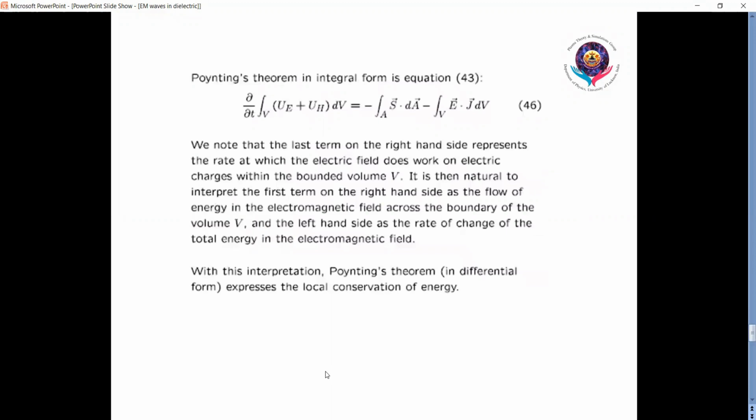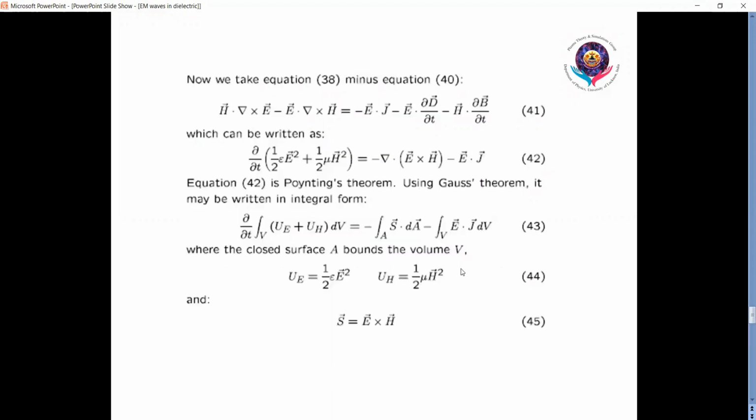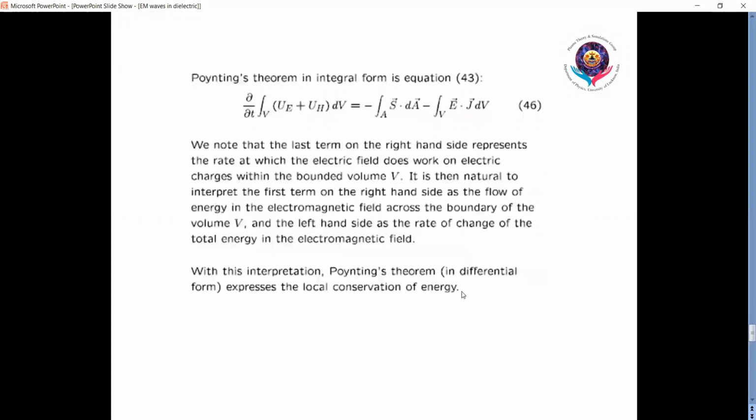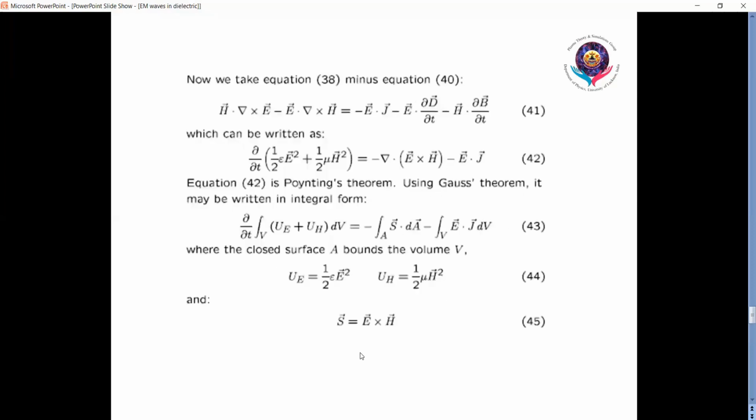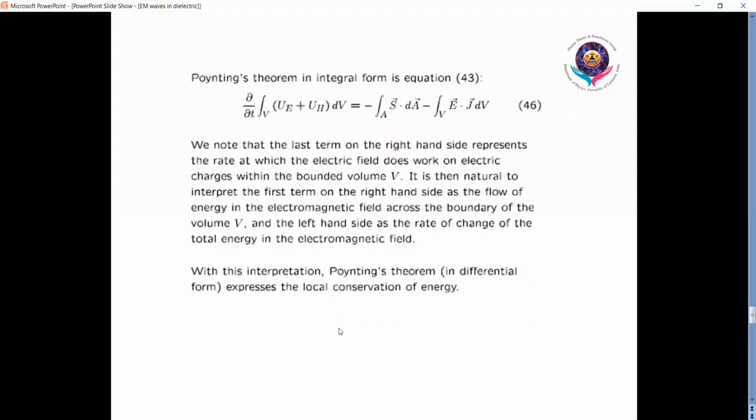These three relations can be summarized and represented like this. And this expression is called the Poynting theorem. Since the Poynting vector denotes the energy crossing per unit area per unit time, this expression gives the law of conservation of energy.